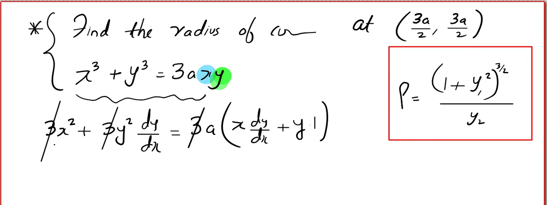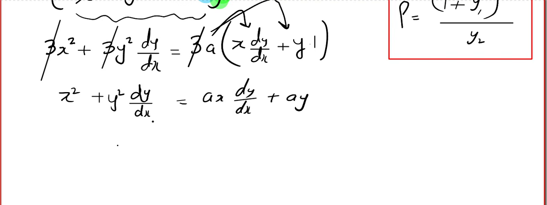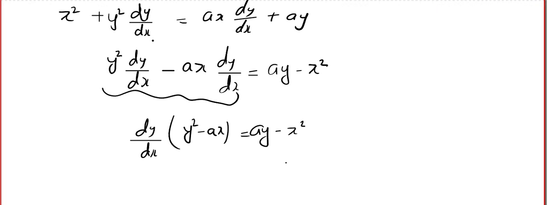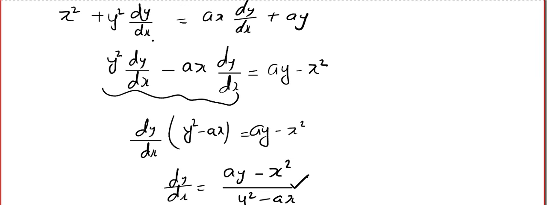It's like dividing throughout by 3. Now let's distribute this a. We keep terms with dy by dx on the left. Now dy by dx comes common, and finally we get ay minus x square by y square minus ax. We will not put a box.